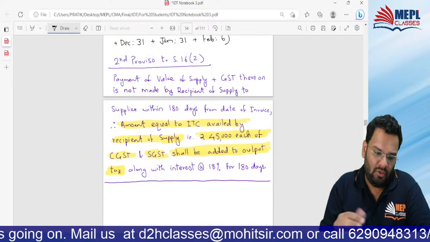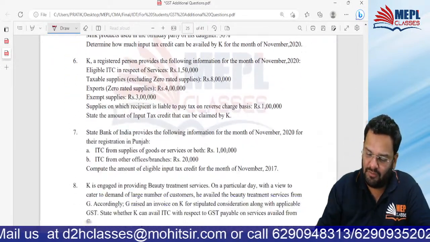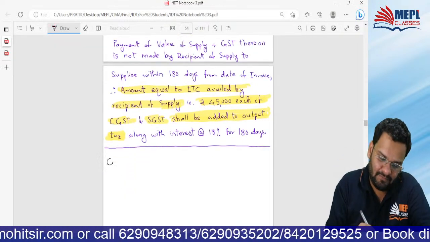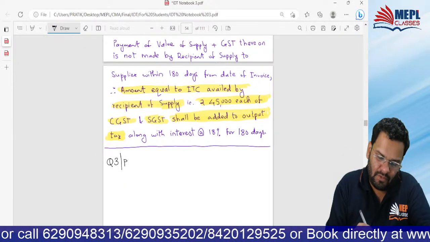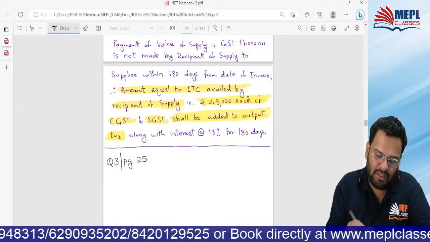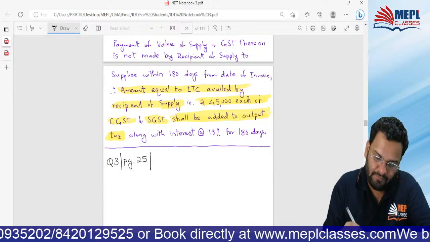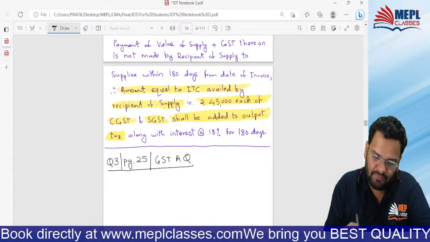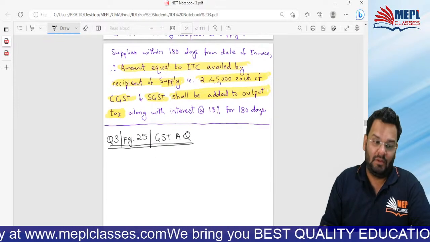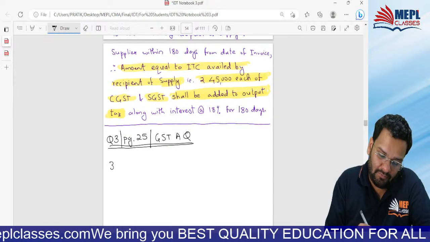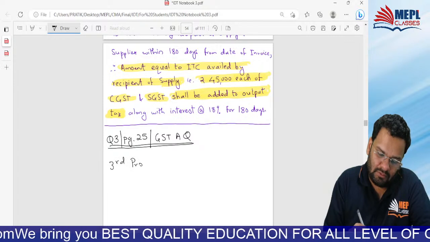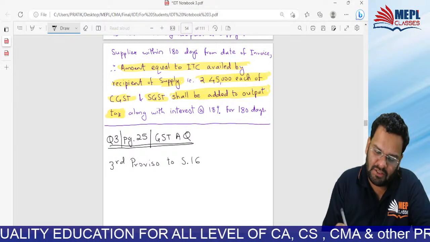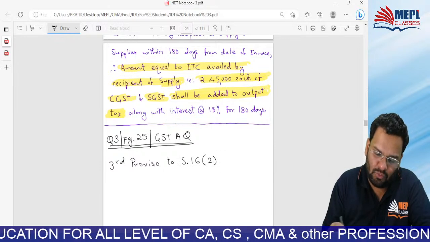So now for the third question on page 25, GST additional questions, what's the answer? This is according to the third proviso to section 16, subsection 2.